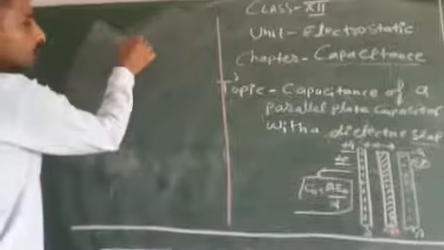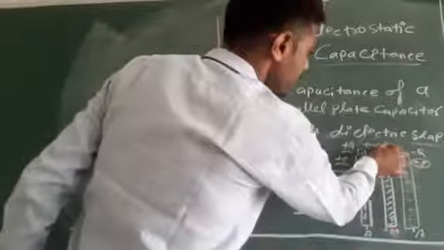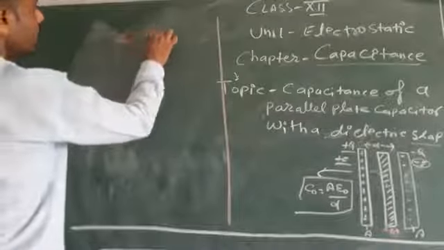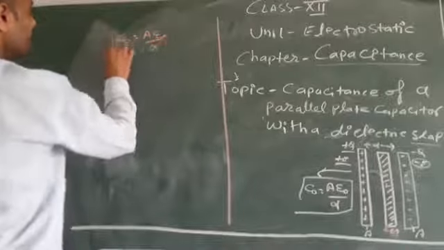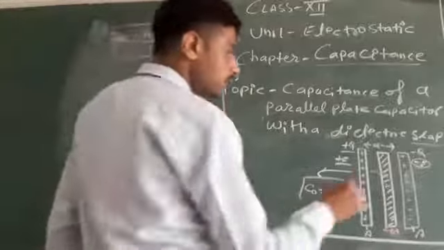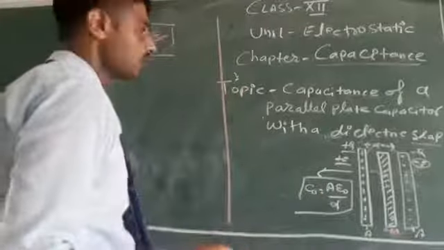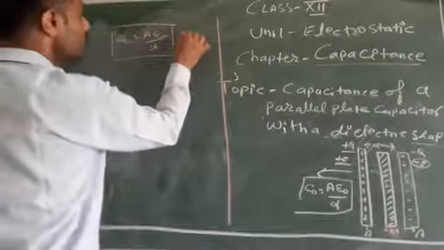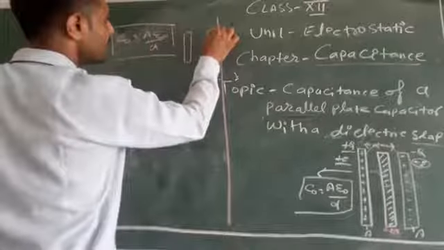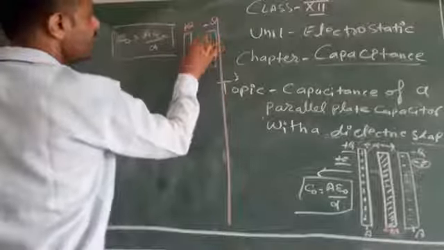As you know, when there is only air between the plates, C equals A epsilon naught upon d. Now the electric field between the plates in this situation, we can make another diagram: plus Q, minus Q, when there is air.